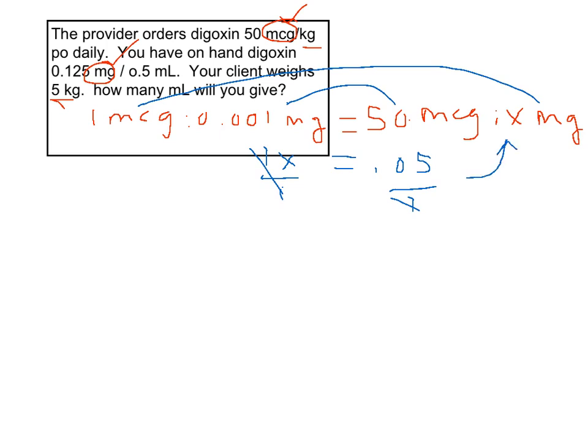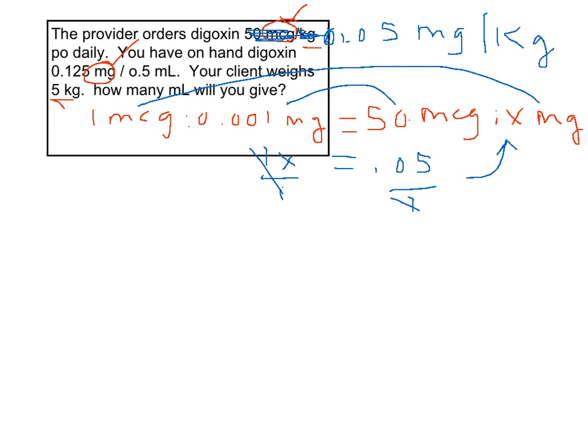So now we can go up here and cross this off. And I'm just going to rewrite it over here to make it easier. And feel free to do this on your test questions too. Just make it easy on yourself. So we converted that 50 micrograms into 0.05 milligrams per kilogram. All right.